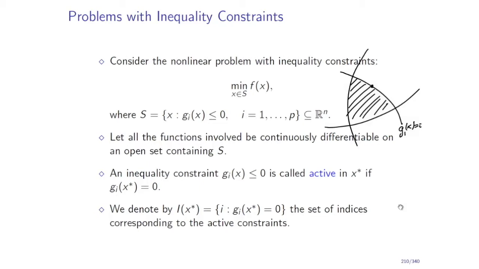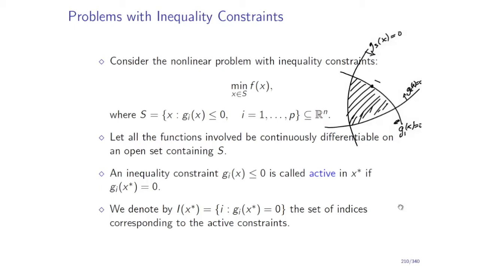All the points on this side of this line will be feasible with respect to this constraint. Then we have the line corresponding to g2 of x equals 0, and assume that g2 of x is less than or equal to 0 on this side. Finally, we have the third constraint, g3 of x. This is where it is equal to 0, and assume that it is less than or equal to 0 here. So then this is our feasible region.